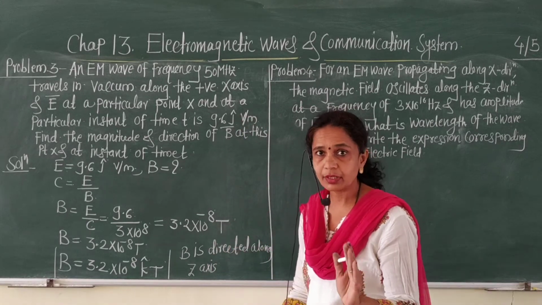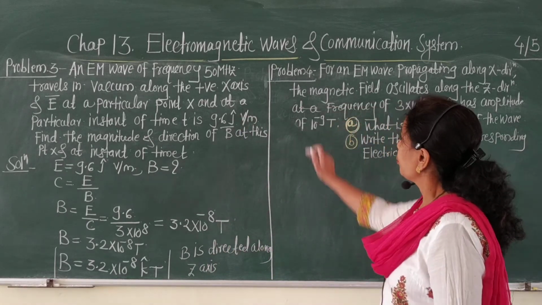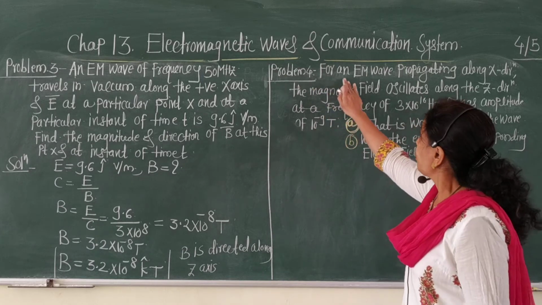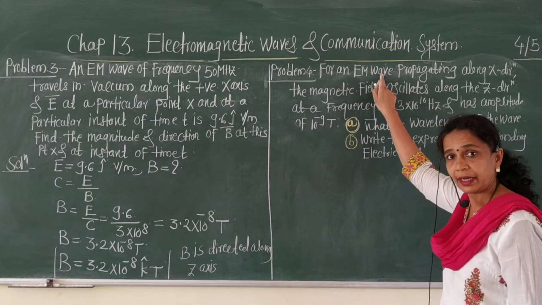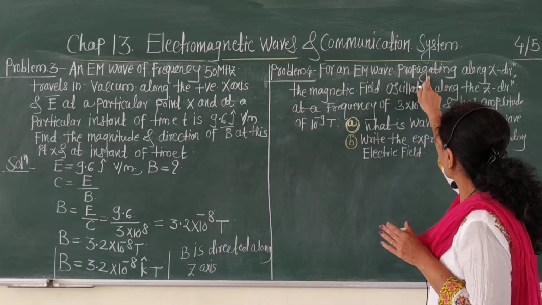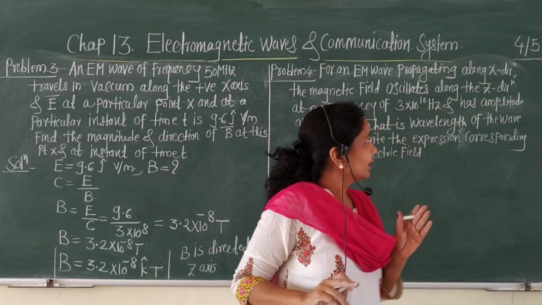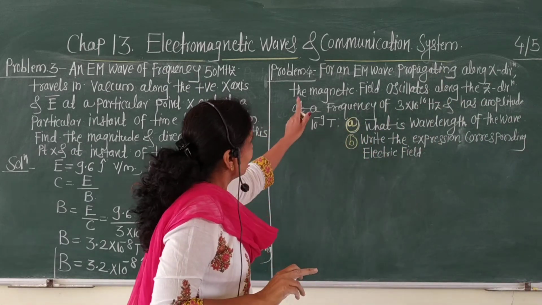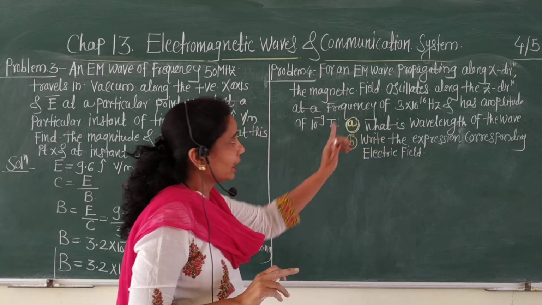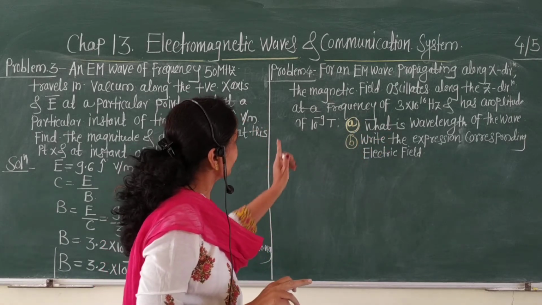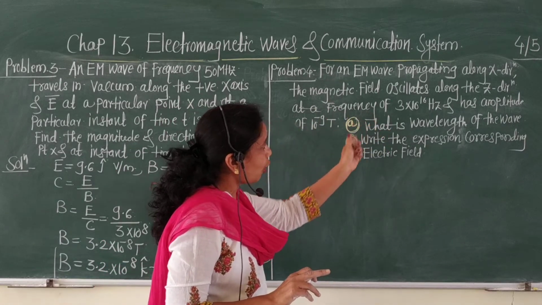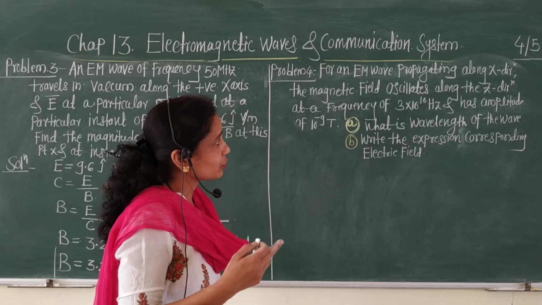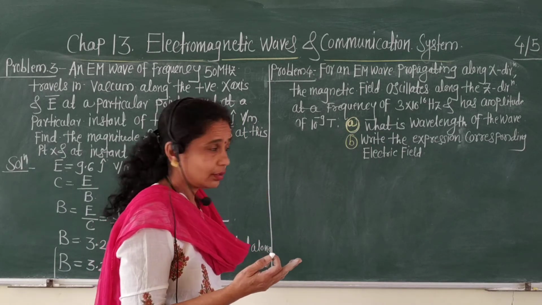Now, next, problem number 4. For an electromagnetic wave propagating along the x direction, the magnetic field oscillates along the z direction at a frequency of 3 into 10 raised to 10 hertz.